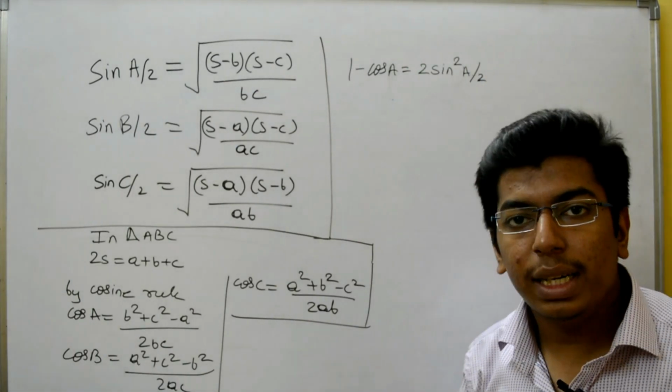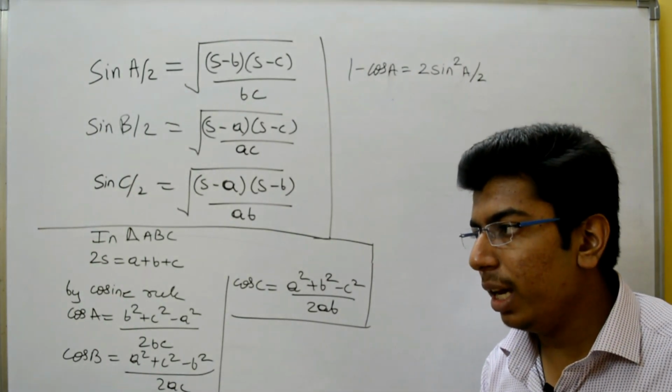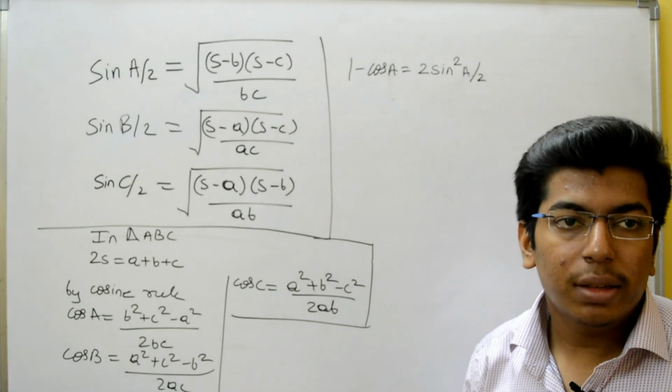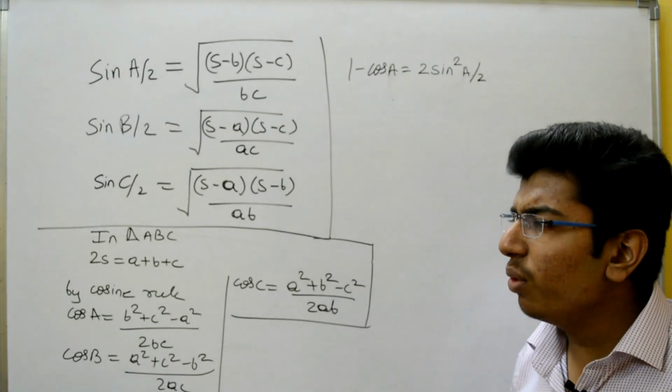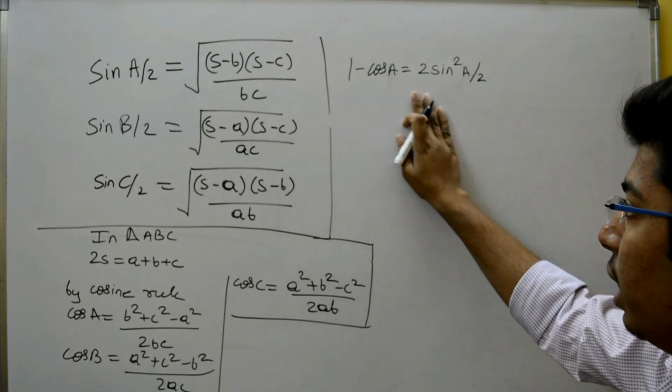If you want to find sine A by 2, replace theta by A. If you want to find sine B by 2, replace theta by B. If you want to find sine C by 2, replace it by C.